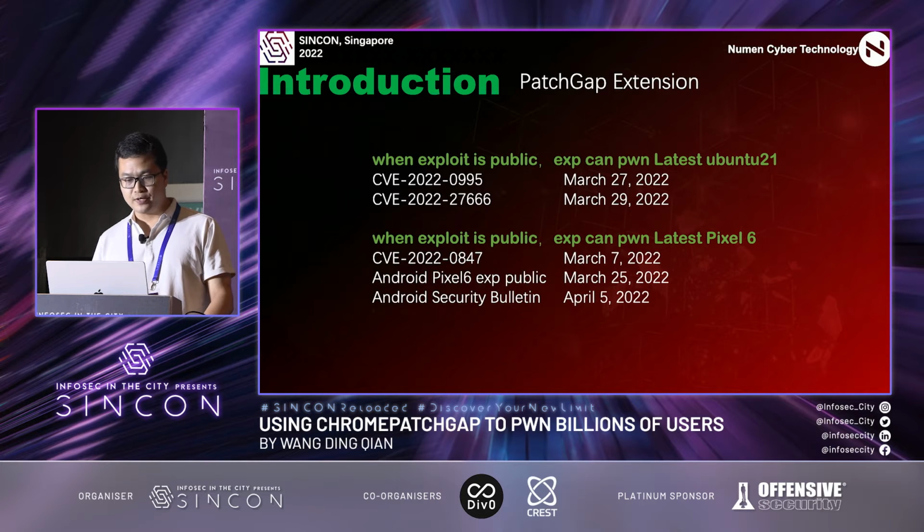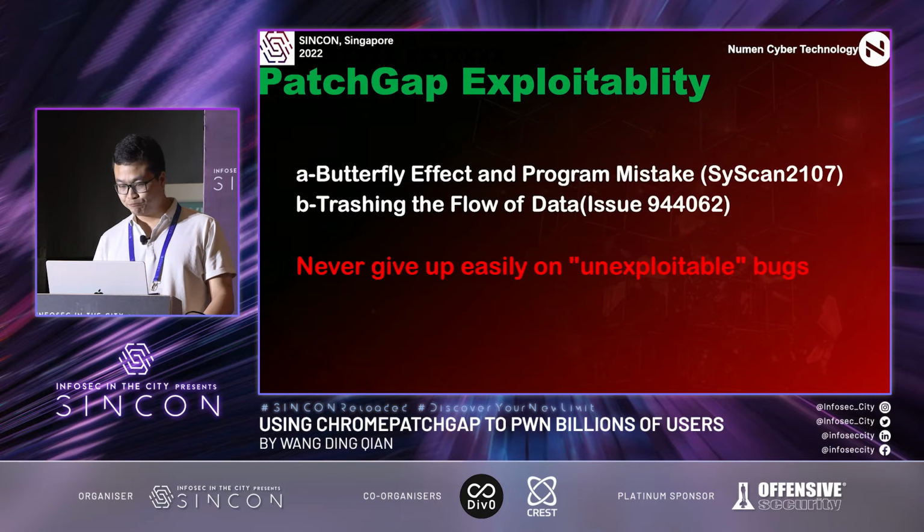The third CVE number is 0847. When this exploit was public, we could also use it to pwn the latest Android, and Google did not patch it. I think Google patched it in April, but the gap was maybe 1 week or more than 2 weeks.